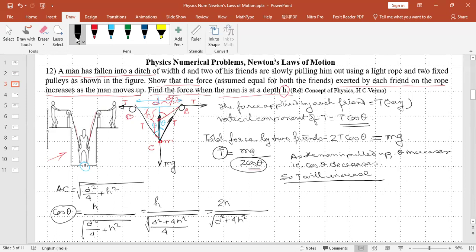So the tension T will be equal to mg by 2, divided by cos theta. That means we multiply by the root of d square plus 4h square and divide by 2h.